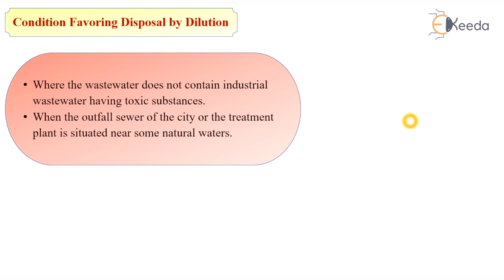When the outfall sewer of the city or the treatment plant is situated near some natural waters. So these are some parameters which we consider while disposing of treated or untreated sewage.